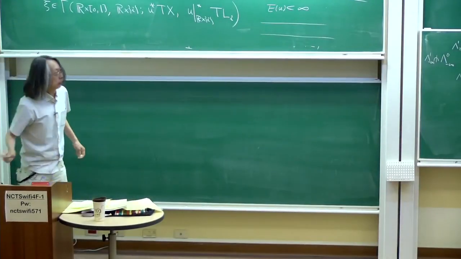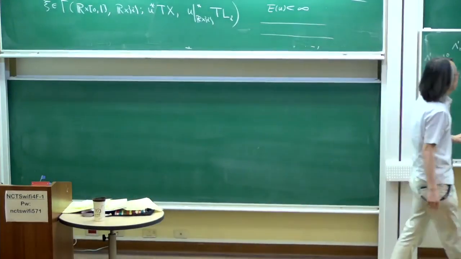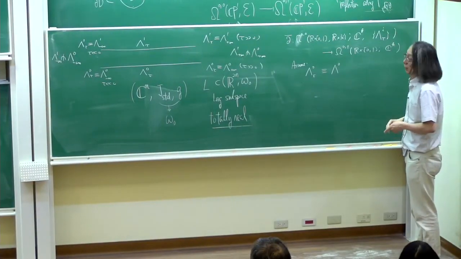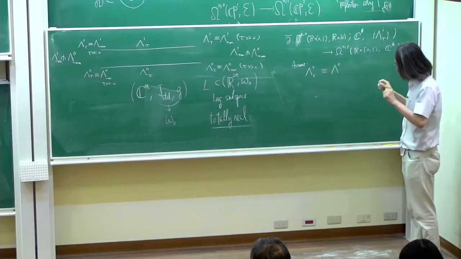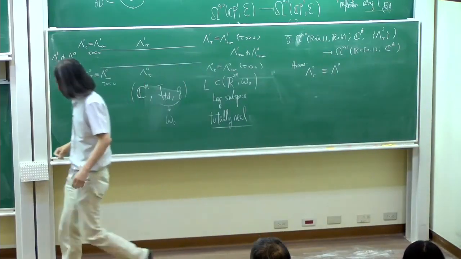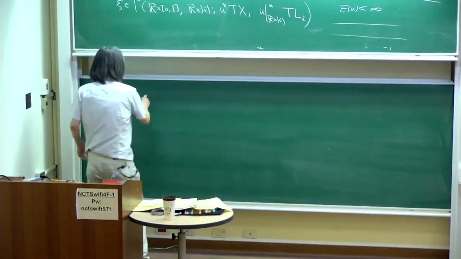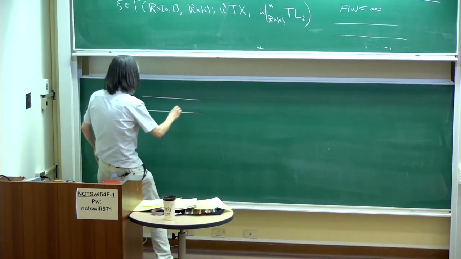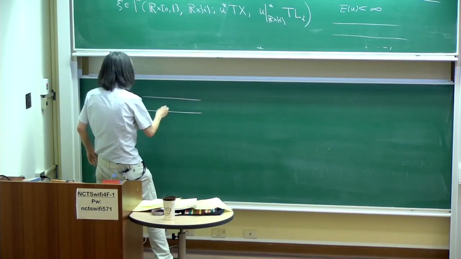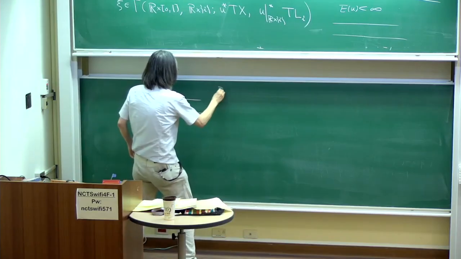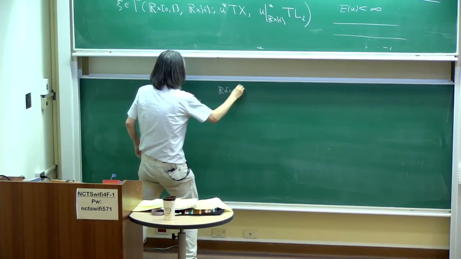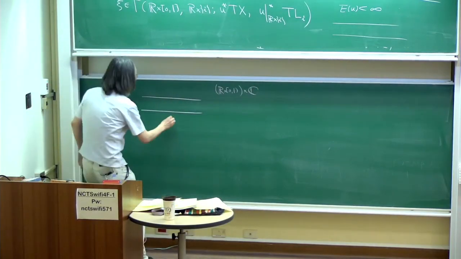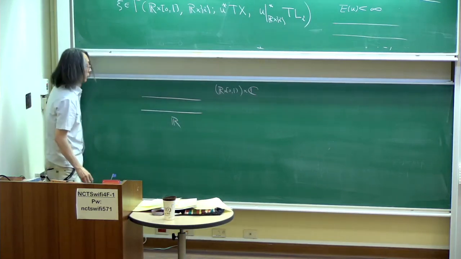Maybe the general case is a little bit complicated, so I just do some computation for a very easy case, and then reduce the general case to that case. The thing is something like this. I consider the bundle over R cross I, which is just a complex plane. On the lower boundary, I just put R here.